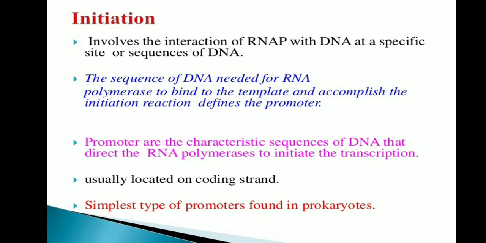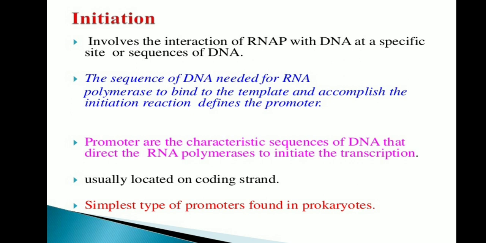The sequences of the DNA that RNA polymerase needs to bind to the template and accomplish the initiation reaction define the promoter. Promoters are characteristic sequences of DNA that direct the RNA polymerase to initiate the transcription process. Usually it is located on the coding strand.